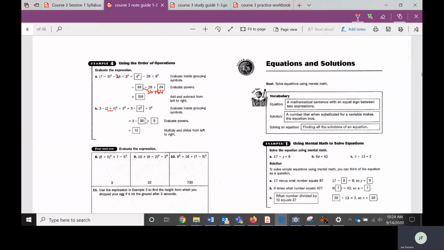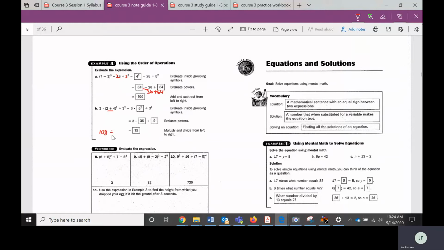They do 6 squared is 36. Can't do division yet. 3 squared is 9. So now they have 3 times 36 divided by 9. Now we got to go 3 times 36. They didn't write every step down here, but that would actually be 108.